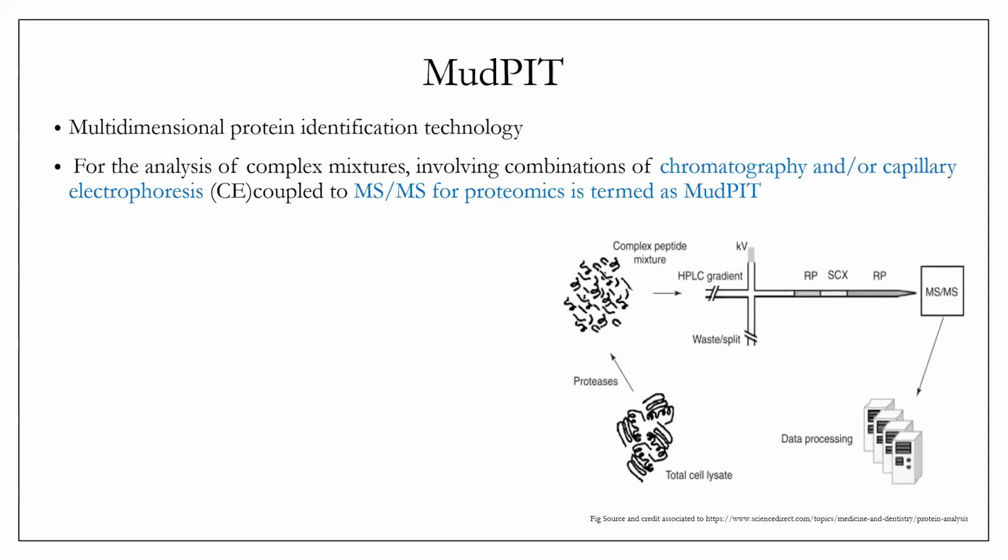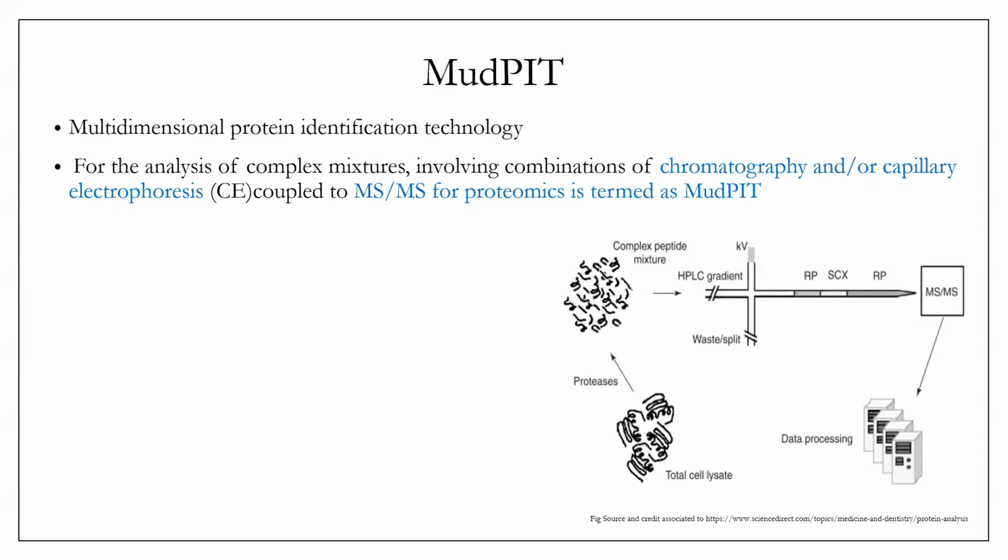Now, apart from that, another important technology normally used in mass spectroscopy is technique 2, which is called MudPIT. Okay, MUD, PIT. It is called multi-dimensional protein identification technology.